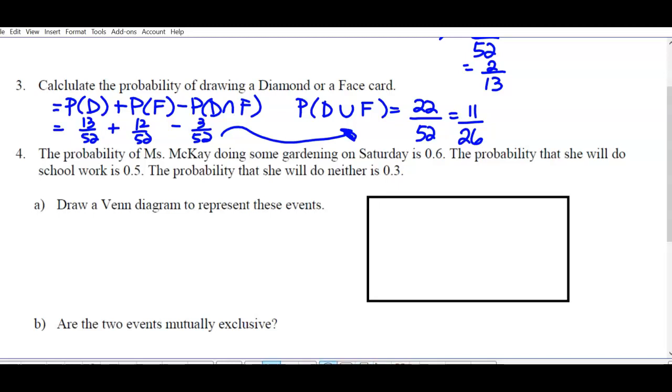So here, do you think these are mutually exclusive? No. How do you know that? They add up to more than 1. 0.6 plus 0.5, right away, that's more than 1. So they are not mutually exclusive. So they're going to overlap.